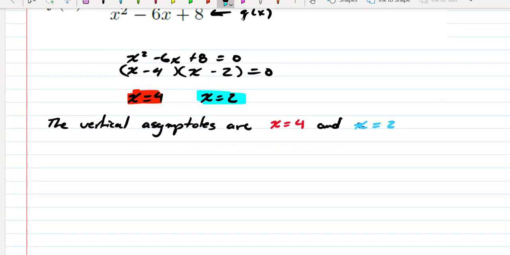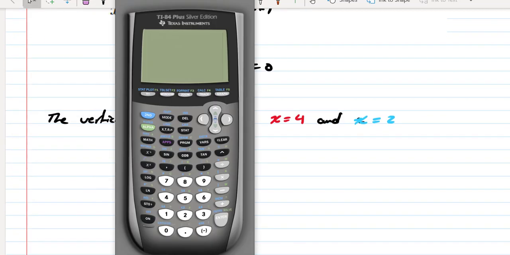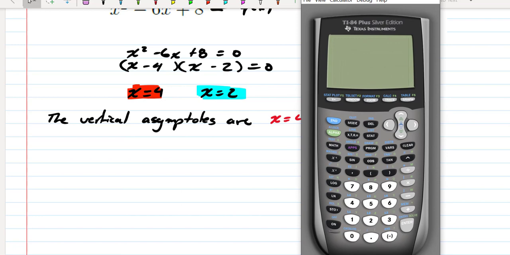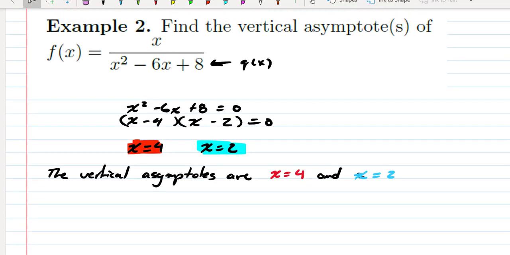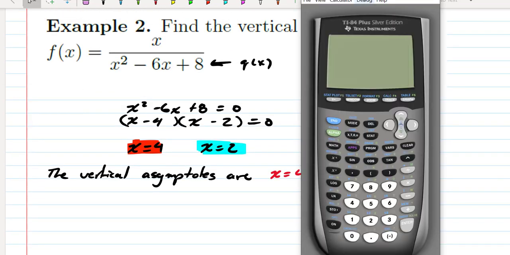Well, let's visualize what these are by using our graphing calculator. So I want to graph this original function, f of x. I go to my y equals, and I have x, alpha, y equals to get my fraction. So x squared minus 6x plus 8.